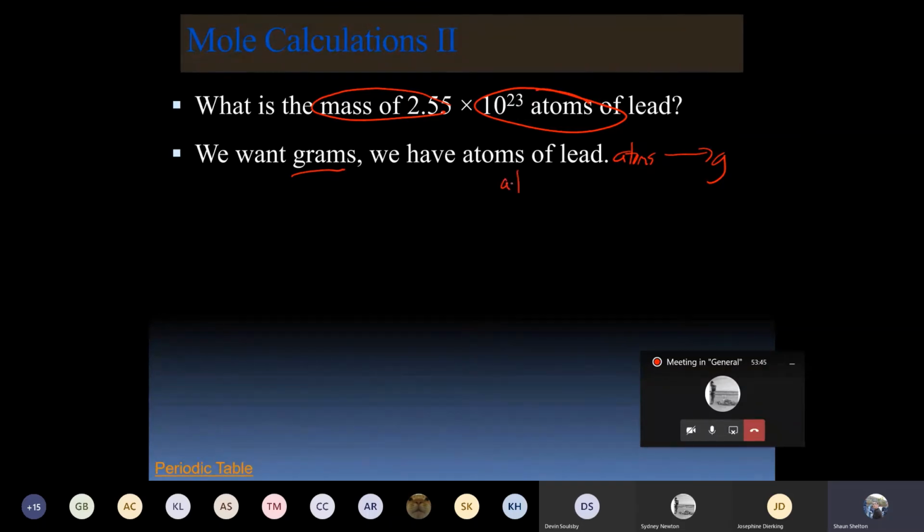So the first thing we're going to do is we understand that atoms can be converted into moles. So that's what we want to do first. And then the second step will be converting moles into grams. So if you want to convert atoms to moles, you're going to divide by Avogadro's number. And if you're going to convert moles to grams, you're going to multiply by the molar mass. Those are the two steps that you have to do.